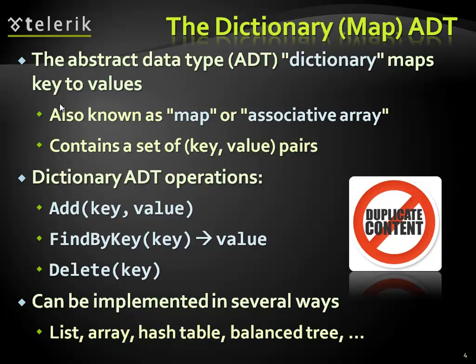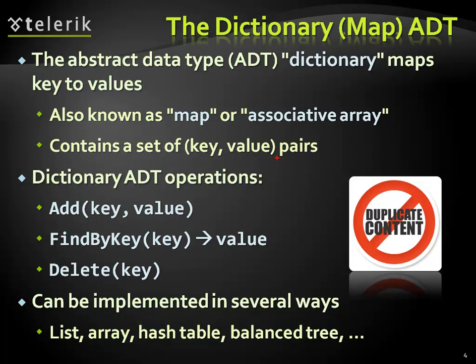Okay, so what I told you already. Other ways to name it: a map or an associative array. There are a lot of these in JavaScript, for example, if anyone's written in JavaScript. And what it contains: key-value pairs. It contains some sort of structure which has a name and a value.